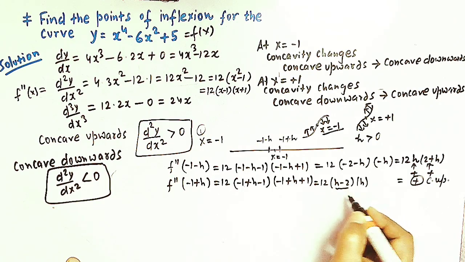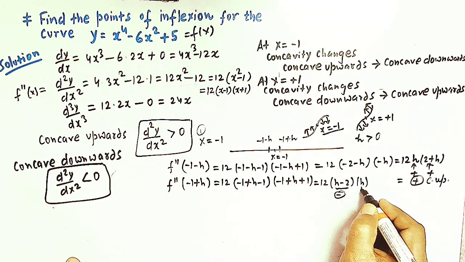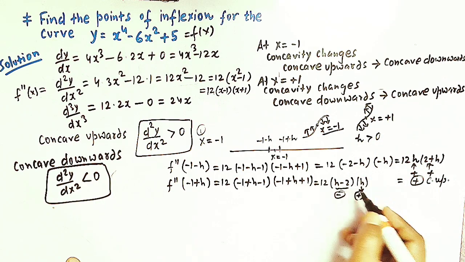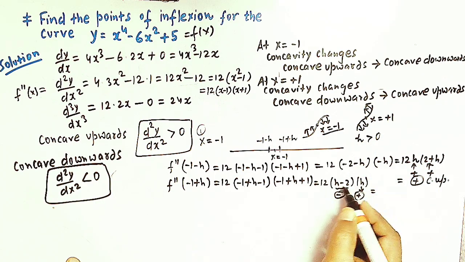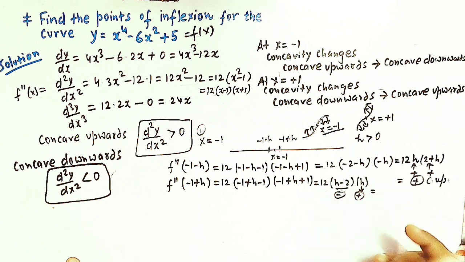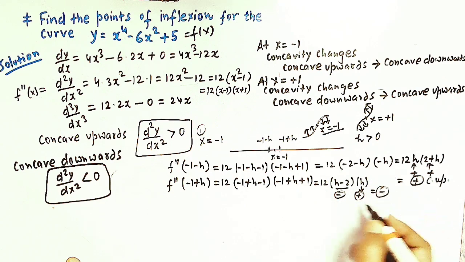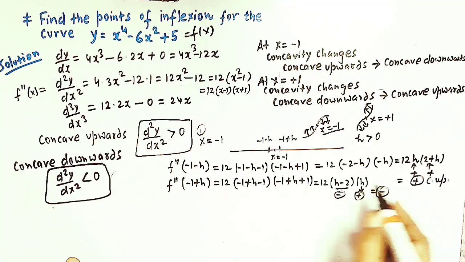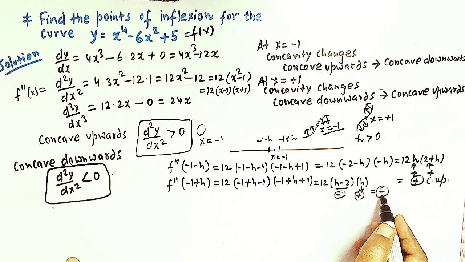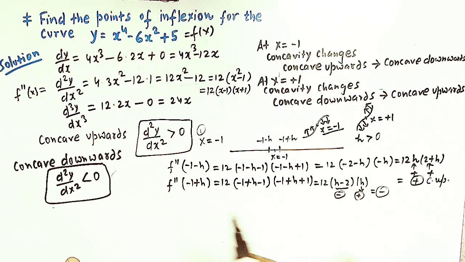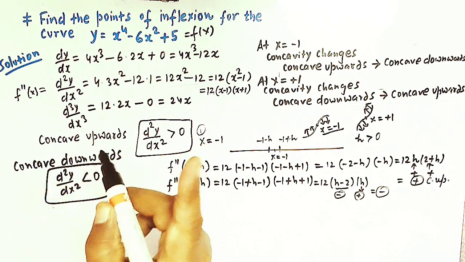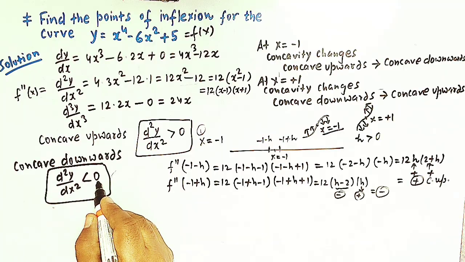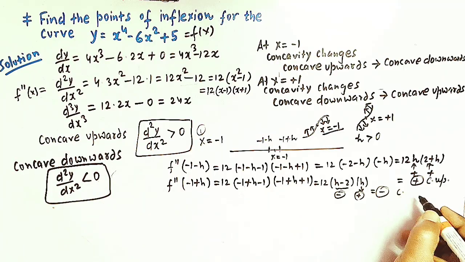So this quantity is negative and this is positive because h is a positive quantity. So here the overall sign of this term is negative, right? Negative times a positive is negative. And when the second derivative is negative, that is, it is less than 0, then the curve is concave downwards. So here the second derivative is less than 0, so here we have concave downward.